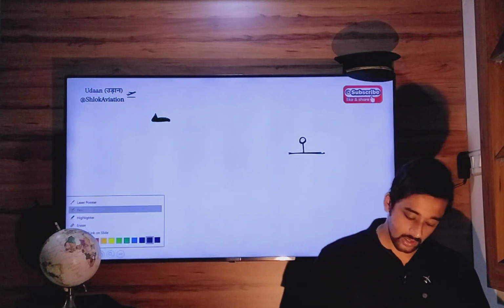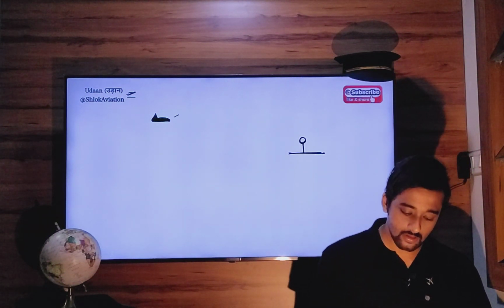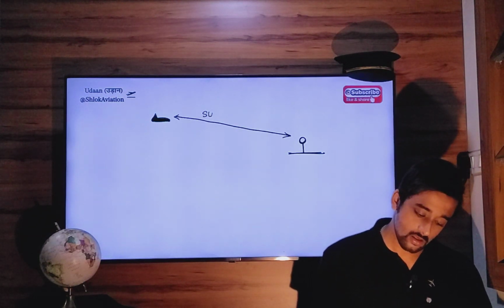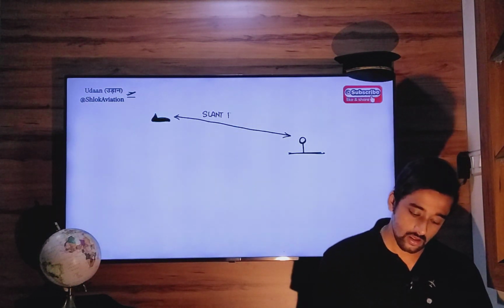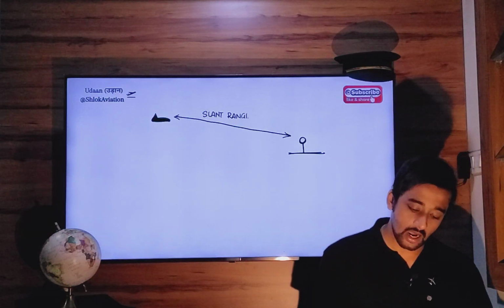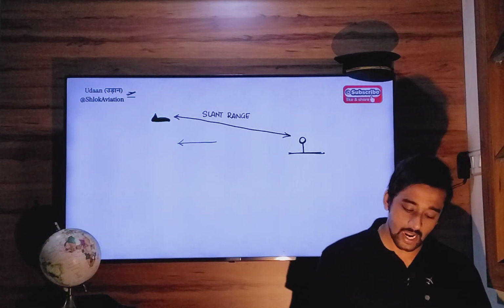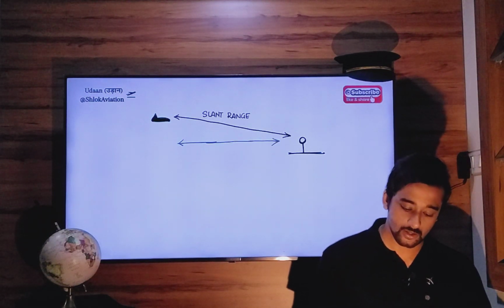The slant range will be this, and the ground horizontal range will be this, the flat horizontal ground range.